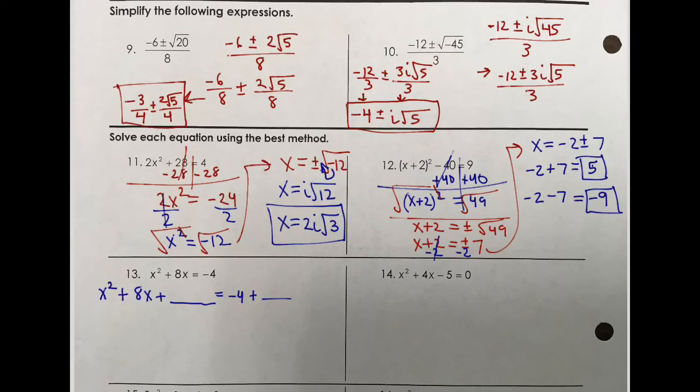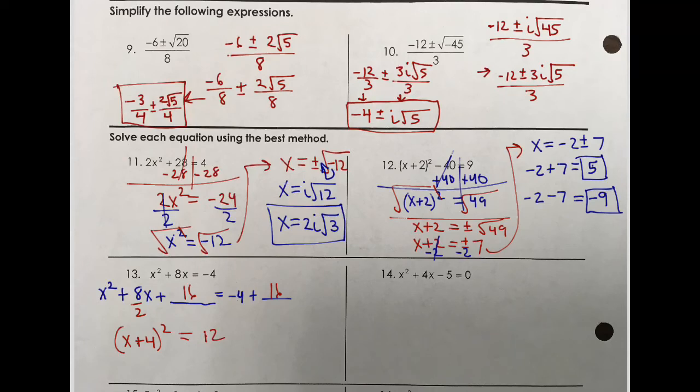Remember, we want to divide b by 2. That gives us what we put in our parentheses down here. Square this. It's always going to remain positive when you come up here. So that is 16. Set that equal to negative 12 plus 16.